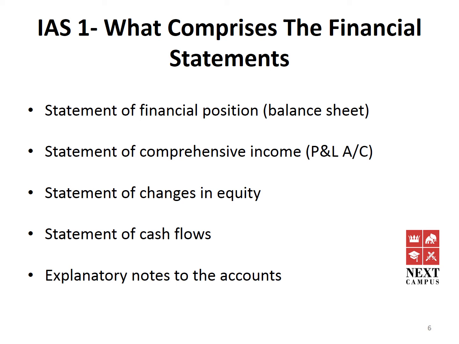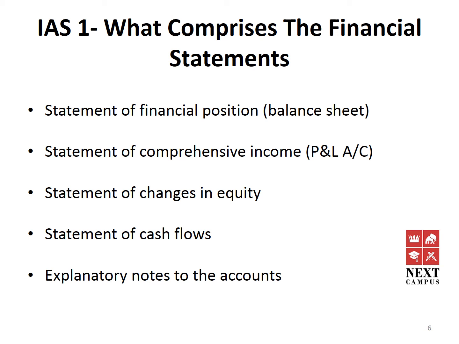And the statement of changes in equity shows by which amounts the owner's capital equity has changed during the year. And the statement of cash flow shows the cash moving in, the cash going out, and the final cash balance of the business. And the last one, explanatory notes to the accounts.